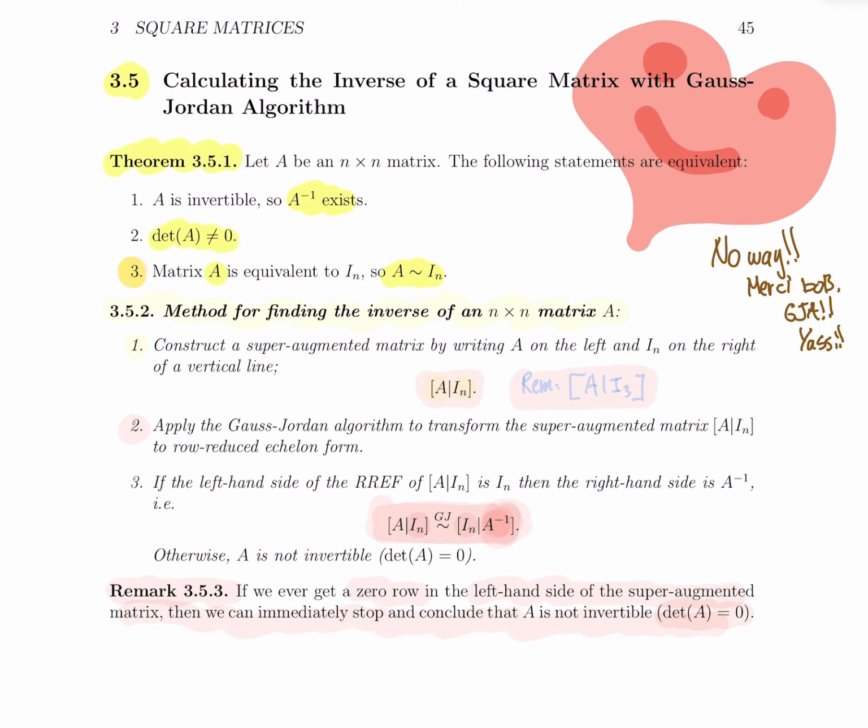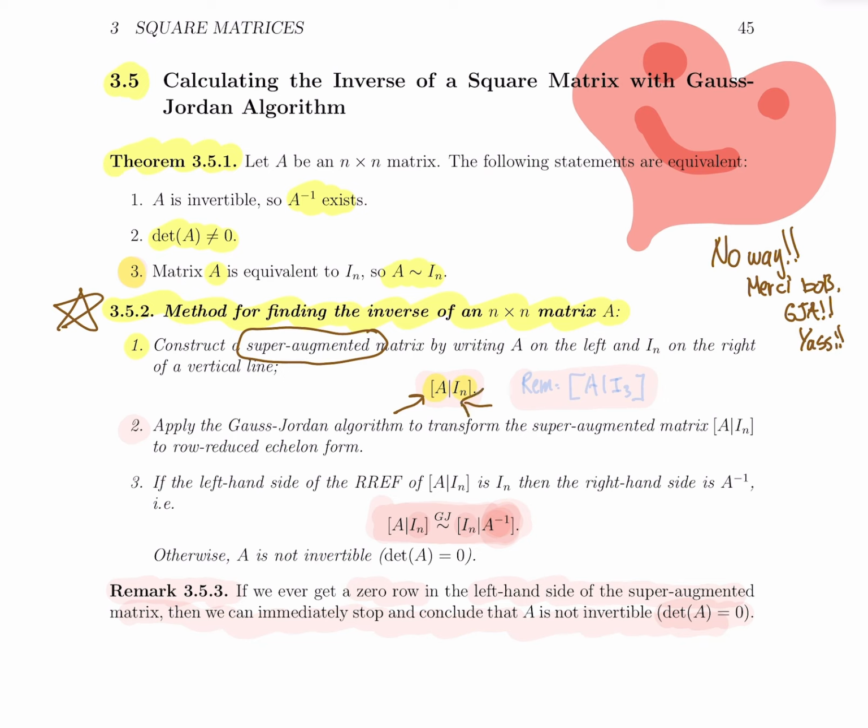So how can we use this? Here is the method to find the inverse of an n by n matrix. This works for any square matrix, though again, we will only practice this on 3 by 3. The first step is to construct what we call the super augmented matrix, where you have the matrix A on the left side and you super augment that matrix with the identity matrix.